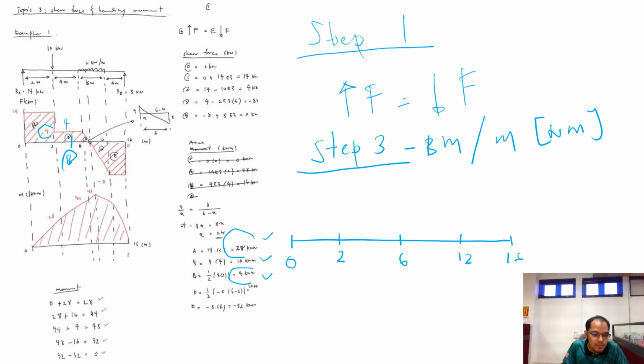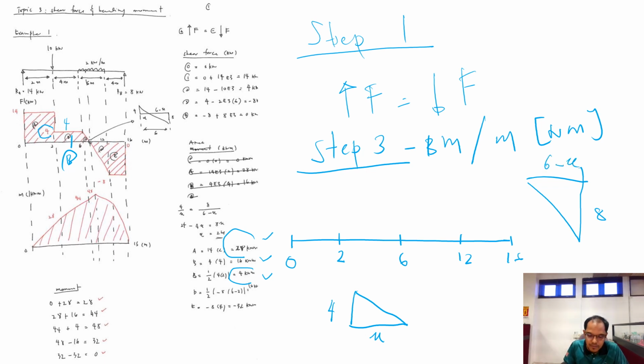For the case of areas C and D, since we got it like this, this is 4, this is x, and for this one, this is 8, and this is 6 minus x.